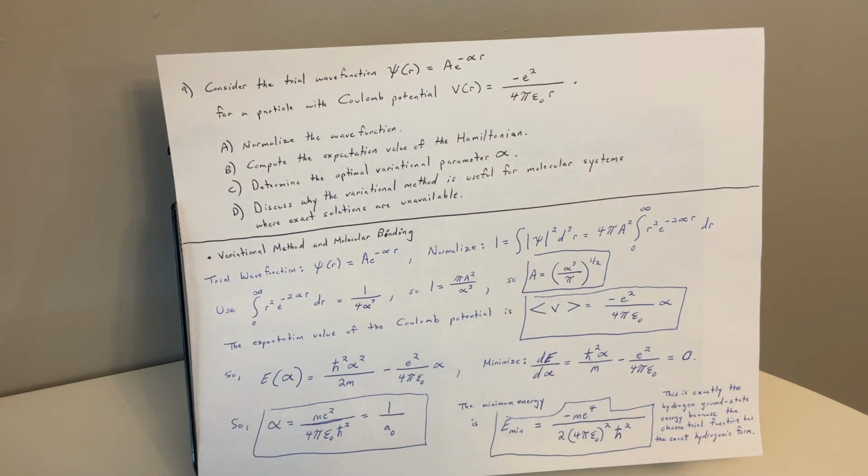So alpha equals m e squared over 4 pi epsilon naught h bar squared. That equals 1 over a naught. So the minimum energy is E sub min equals negative m e to the fourth over 2 times the quantity 4 pi epsilon naught squared times h bar squared. And this is exactly the hydrogen ground state energy because the chosen trial function has the exact hydrogenic form.